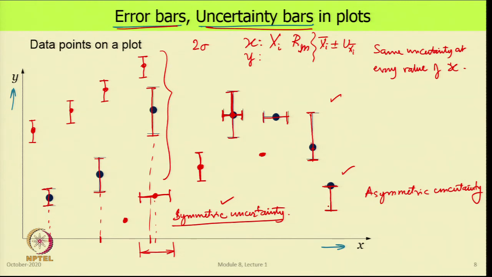So, in all probability the values will be less than this value of y that we are reporting. So, those are two cases of asymmetric uncertainty, and as I mentioned, this is left for an advanced course.